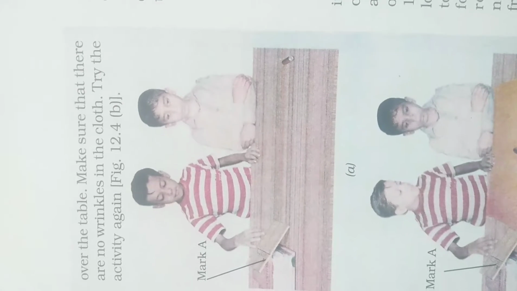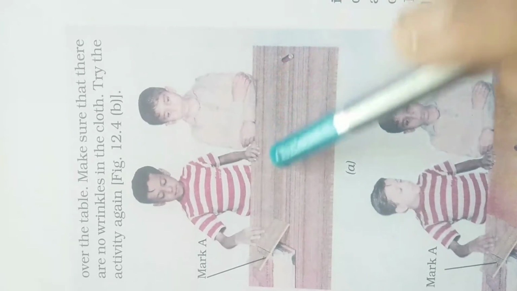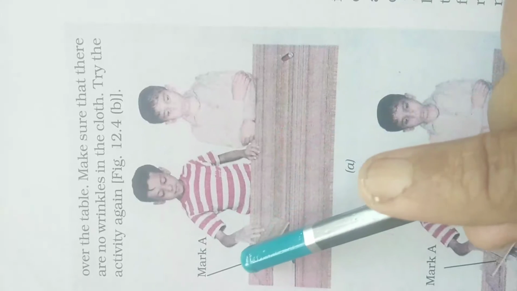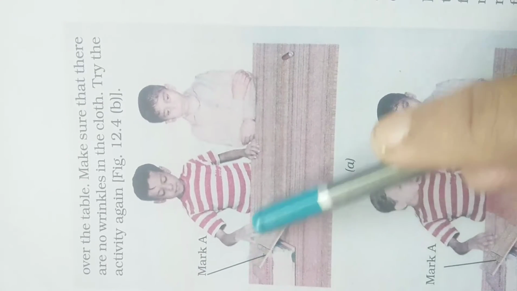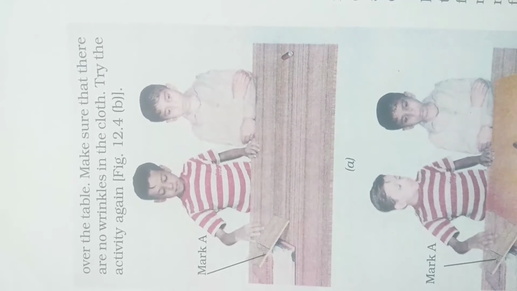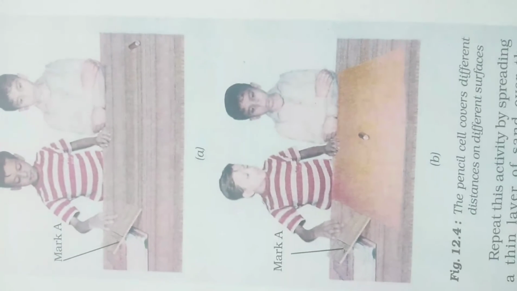Try the activity again. So you have to take one pencil shell, place a cloth here, and from this mark A, you have to slide down the shell. How far it will go, you have to note that distance. Again in figure B it is shown here.